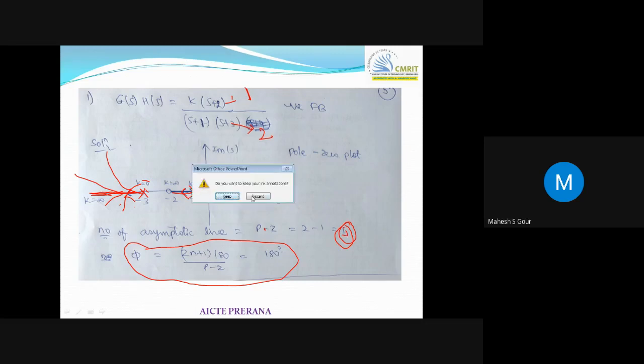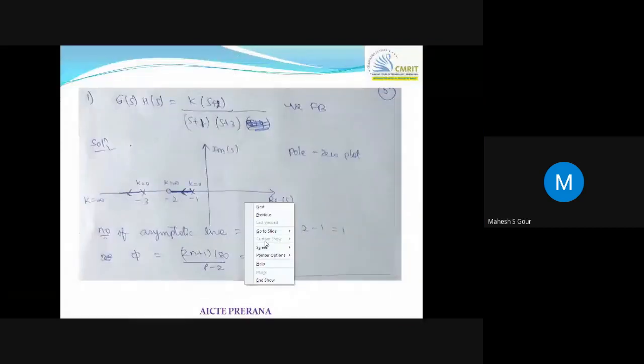How many asymptotic lines? It is equal to P minus Z. This is a simple problem, so you have the direct answer as 2 minus 1. How many poles are there? 2. And how many zeros are there? 1. So we get the answer as 1. It means only this is the line that remains. Understood? Suppose there is one more zero at this end.